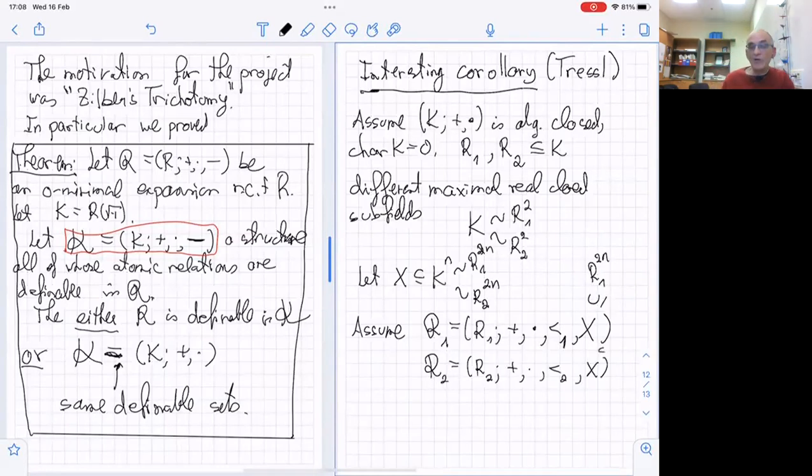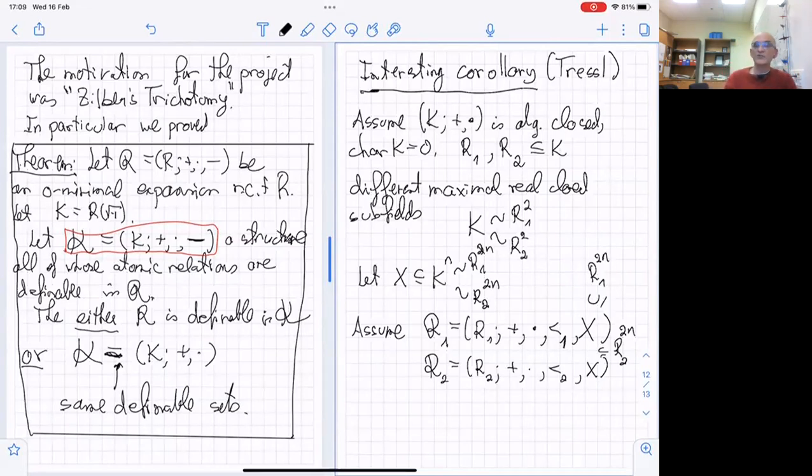Okay. Let me point out that if X was constructible, or if X was a K algebraic variety, yeah, if X is an algebraic variety in the sense of K, it will become an R1 algebraic variety and an R2 algebraic variety, right? We agreed that, well, actually R1 definable, but actually it's an algebraic variety.